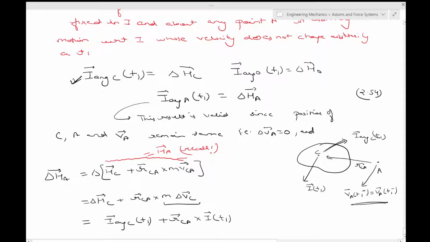This quantity is I of t1, and this can be written as I angular A at t1. Okay, so this is proved.